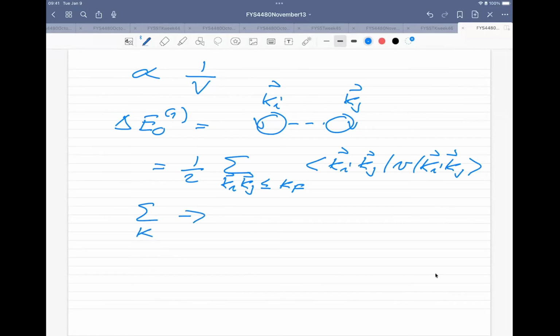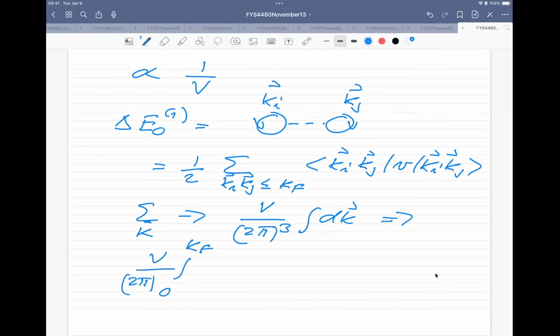The summation over k goes over to a volume element divided by (2 pi) cubed, and then an integral over k. And we know that this integral, when we move over to an integration from 0 to k_F, because these k values go up to the Fermi level, with V over (2 pi) cubed and shifting to spherical coordinates, the integral over d^3k is equal to the number of particles.